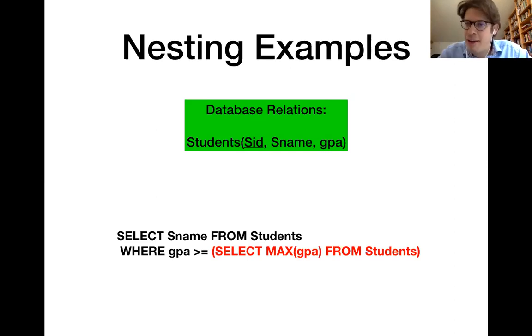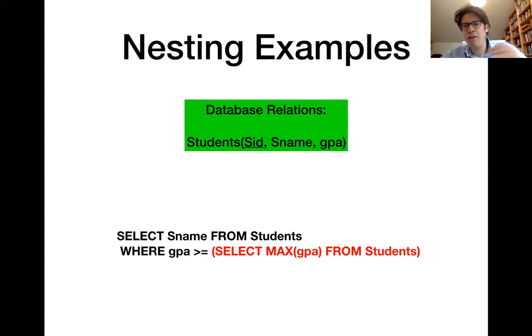So you can use a SQL query as part of a SQL query, basically. And last time we saw a couple of very simple examples for that. Here you see one of them. We are selecting the student names from the students table where the GPA is greater or equal to the maximum GPA across all students. To calculate this maximum GPA, we are using a subquery.